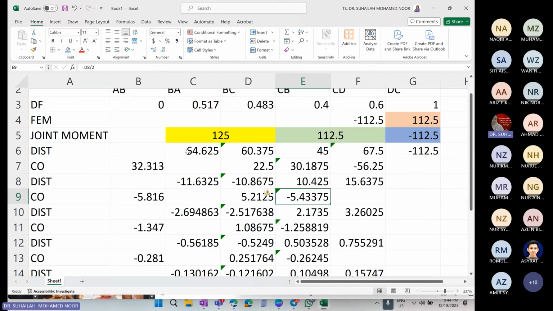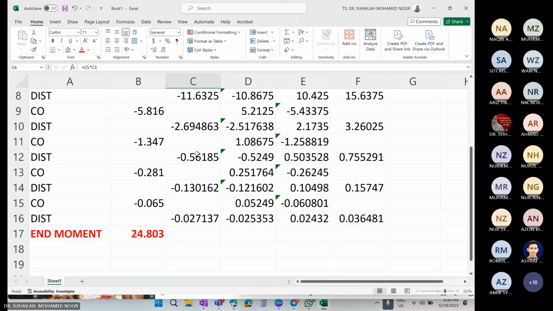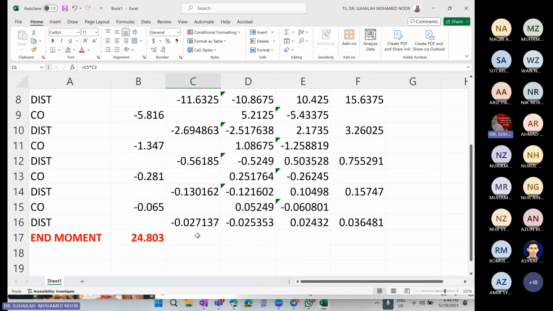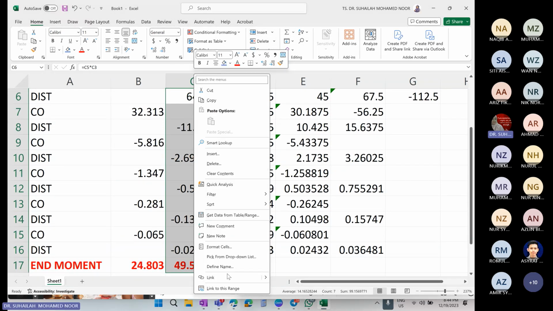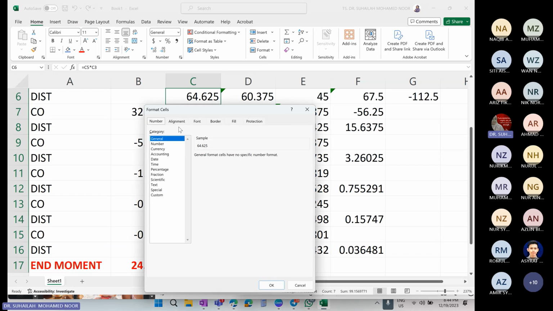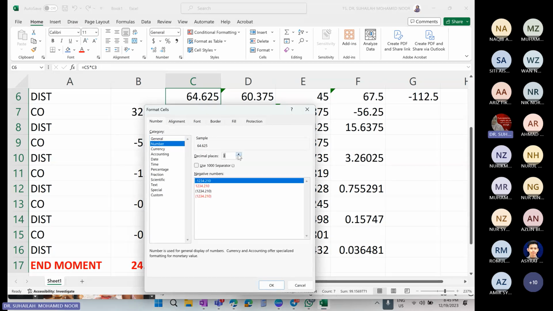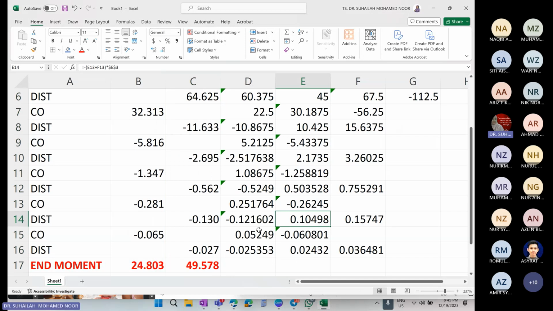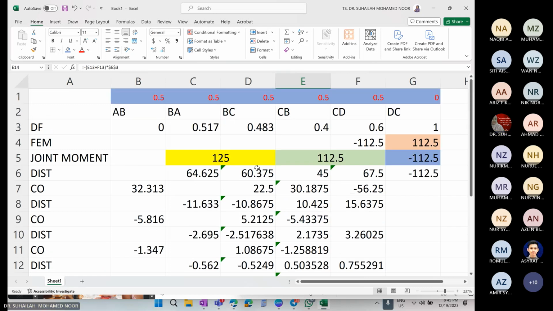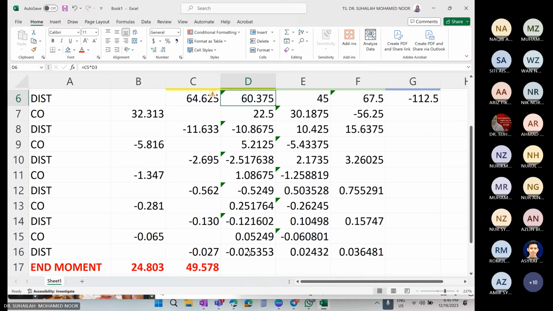Okay, next. We start from 64.625. We have to total all this. I want to change to 3 decimal places. It is 49.578. Okay, next for BC, start from 60 until the last distribution.